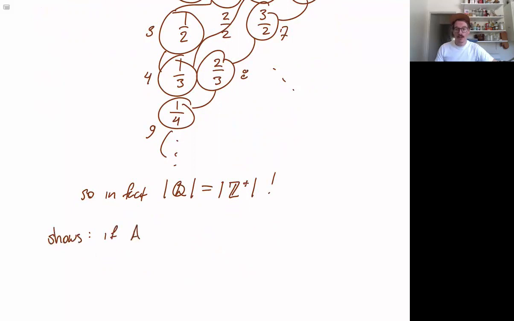So not only two countably infinite sets, but if you have a countably infinite collection of countably infinite sets, then the union is still countable.